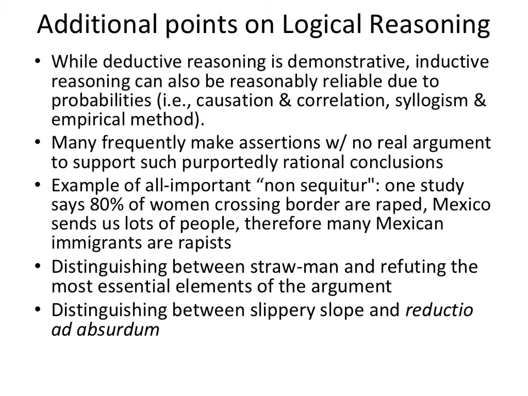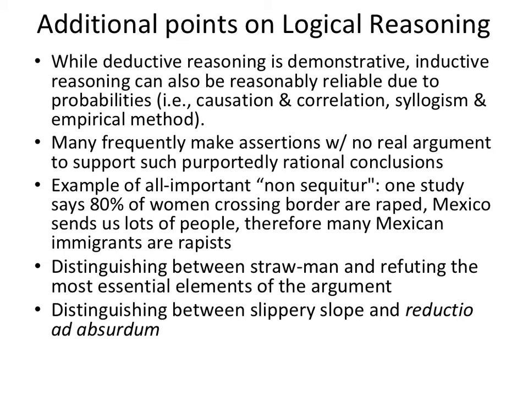So, an example. I don't know if this is exactly what Trump said or whatever, but this is an example of a rendition of something he said on the campaign trail. One study says that 80% of women crossing the border are raped. Mexico sends us lots of people. Therefore, many Mexican immigrants are rapists.